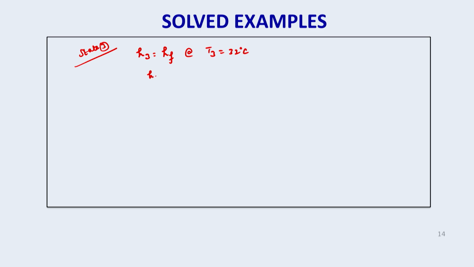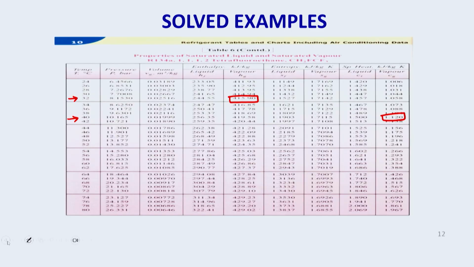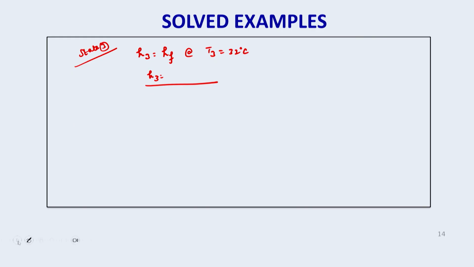So corresponding to 32, the liquid enthalpy is 244.55 kilojoule per kg from the R134A table.